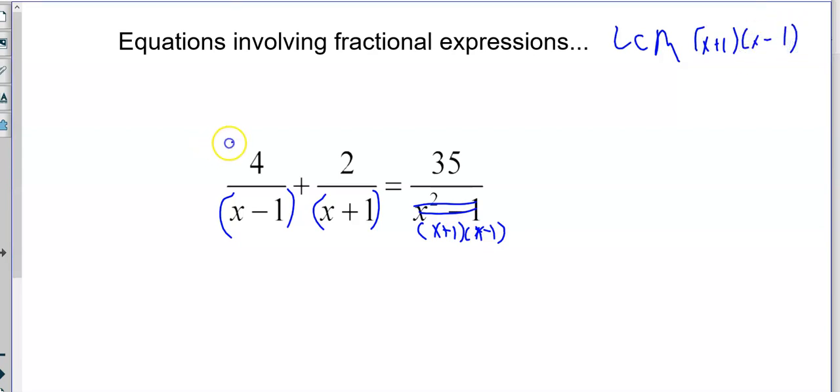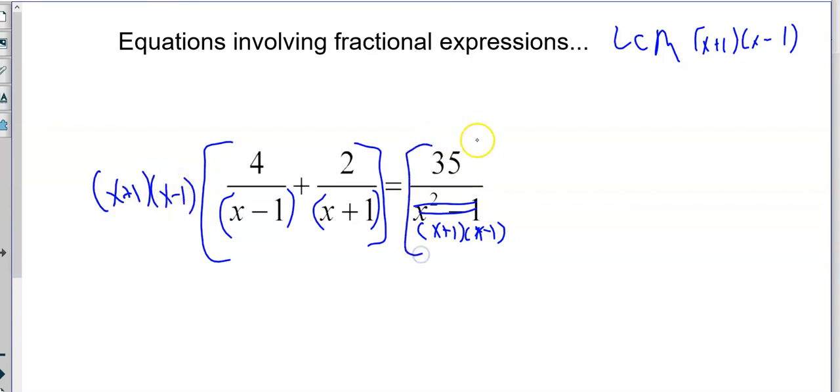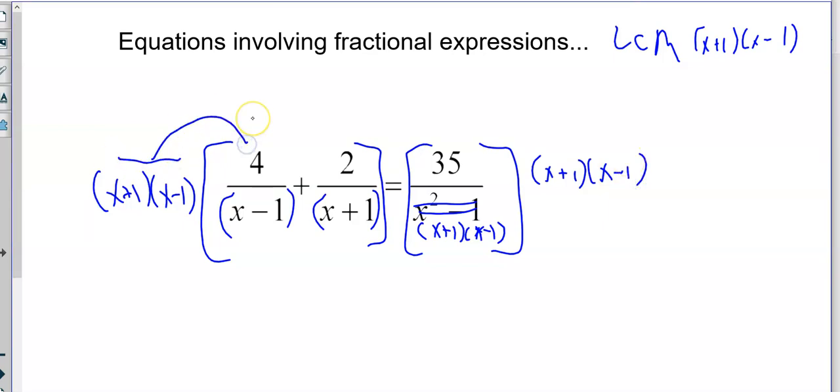So to multiply, this is going to be kind of weird. So I'm going to multiply the left-hand side by x plus 1 times x minus 1. And I'm going to multiply the right-hand side by x plus 1 times x minus 1. And so these two get multiplied by the first term here. When that happens, can you kind of see that the x minus 1 and x minus 1 is going to cancel?